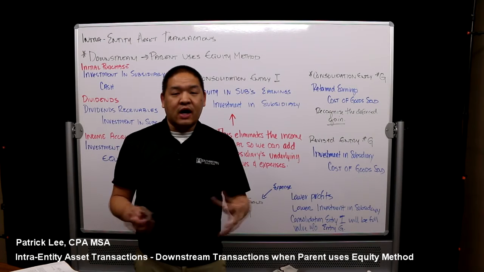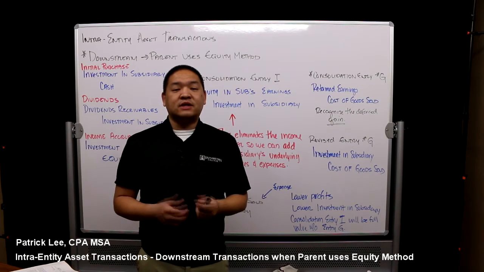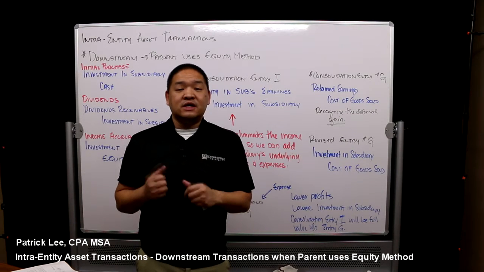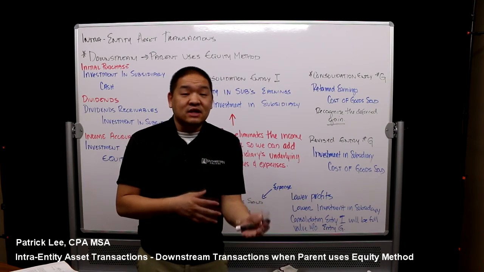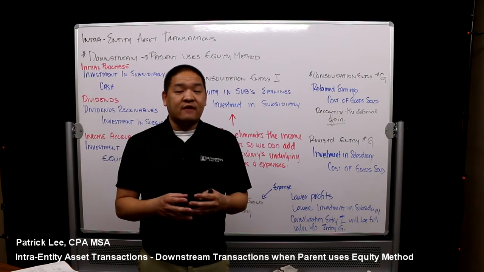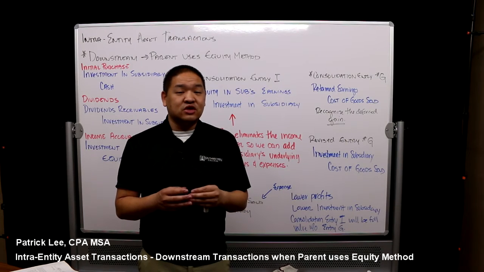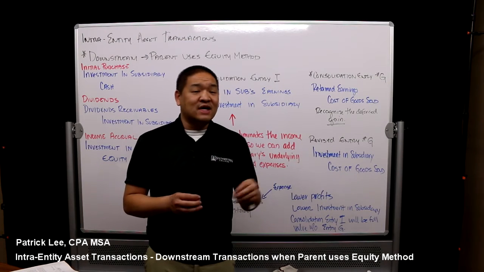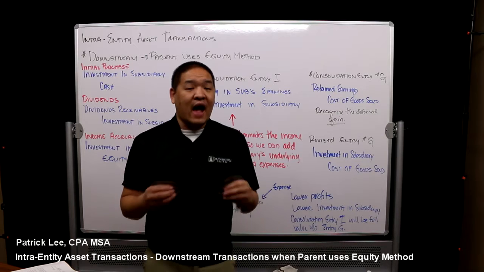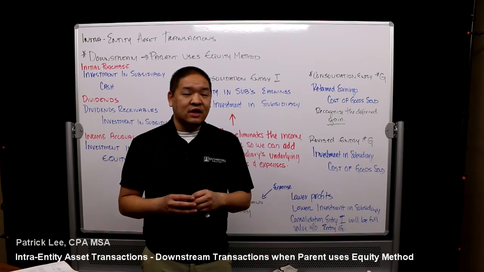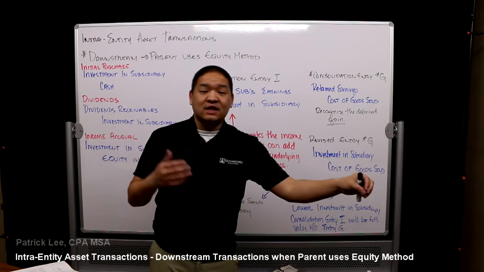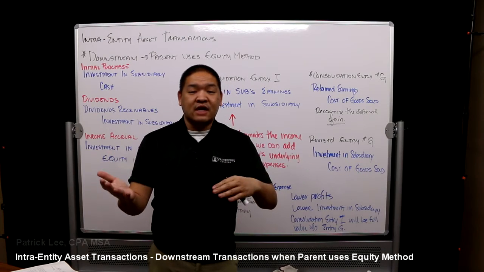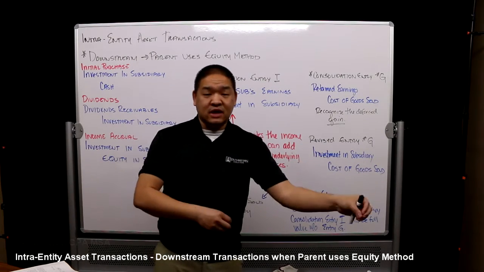So, kind of going back, what are we talking about? We're talking about a situation in which a parent sells a subsidiary goods. At the end of the year, there's some of those goods still left, and we said that unless those goods are sold to a third party, it's as if that transaction never happened. So we do a consolidated entry G to defer the gains that the parent would have booked for selling that inventory to the subsidiary.